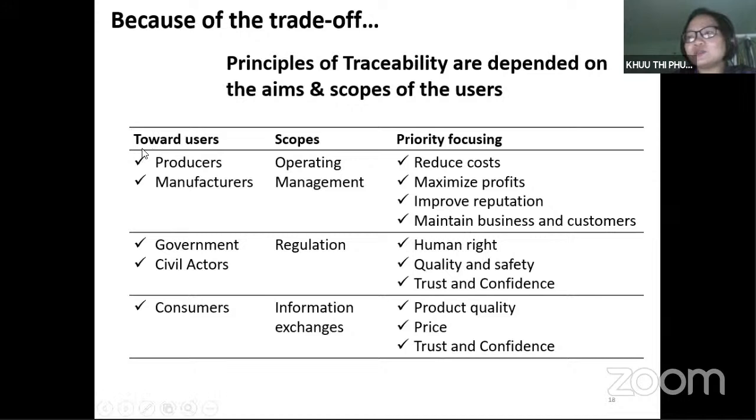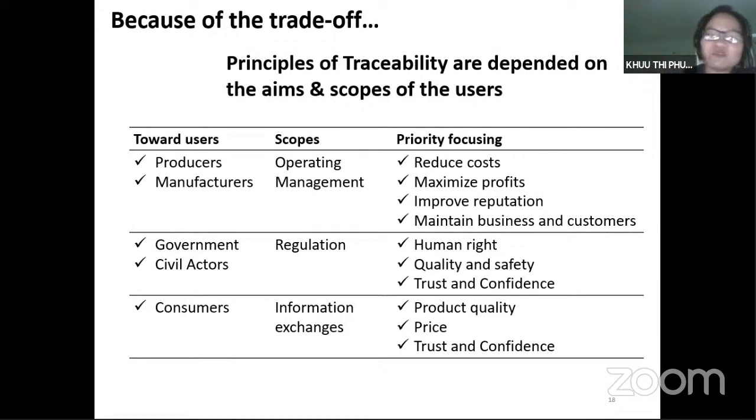Like producers, or you are the manufacturers, you will focus on your operation, on your management in your company, in your farm, in your fishing activities. So you will focus on how to reduce the cost, how to maximize profits, how to improve the reputation, how to maintain the business, and how to maintain your customer.